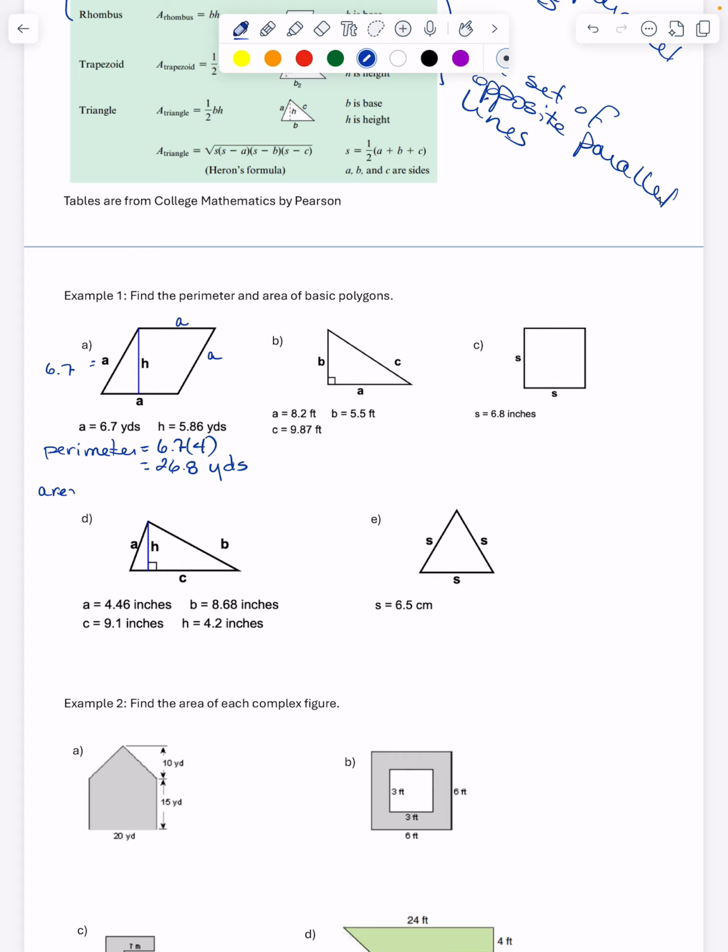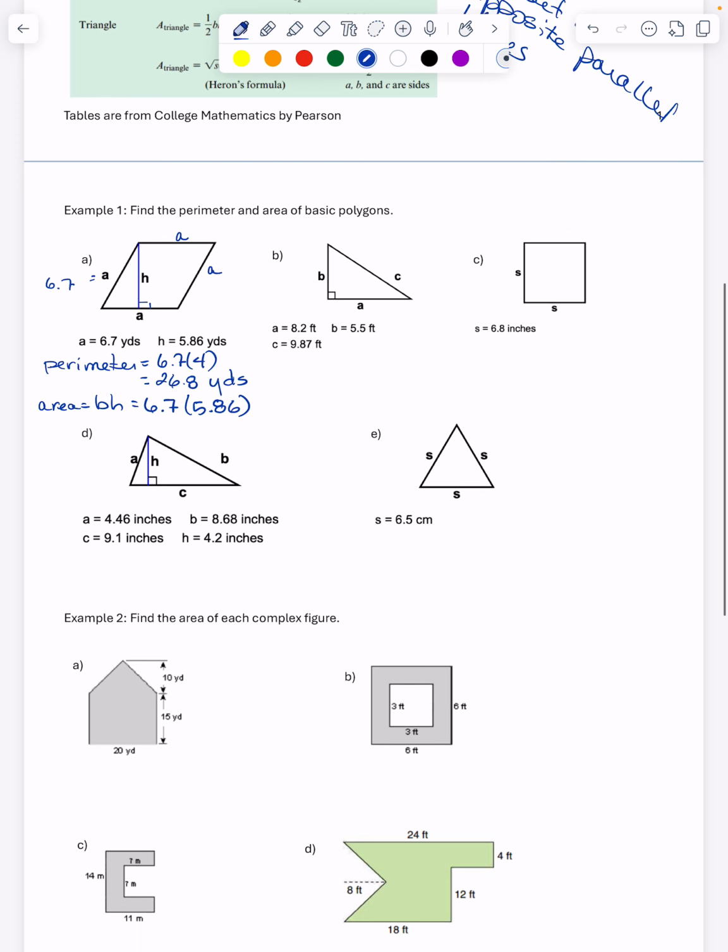The area is the base times the height. Notice we have a perpendicular height here. It's not marked as perpendicular, but it's labeled height. Our base is 6.7, our height is 5.86. When we multiply those, we get 39.26.